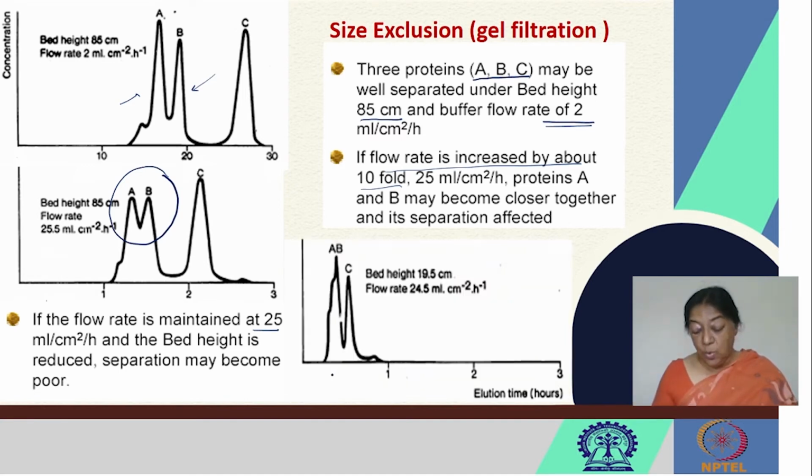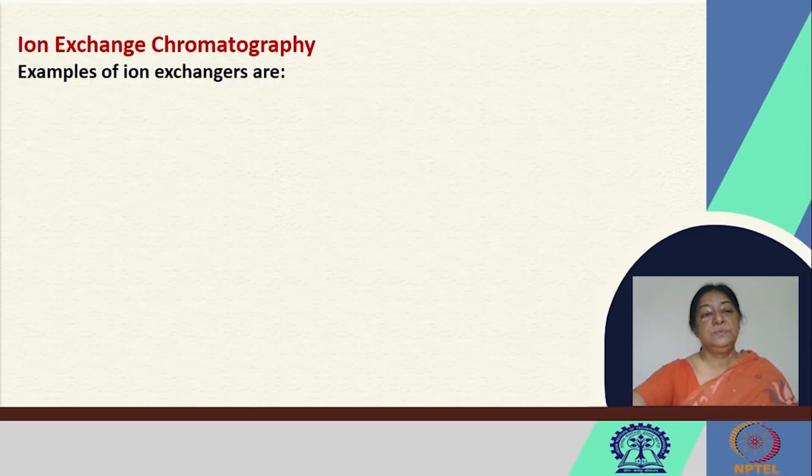What happens is, you can see there is a combination or an elution together of the two proteins that does not give us a good separation. So a combination of a good sized column and a good flow rate is going to give us the proper separation of our protein of interest.